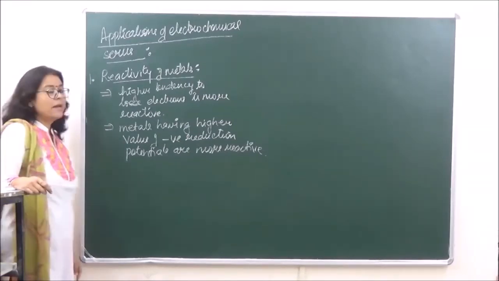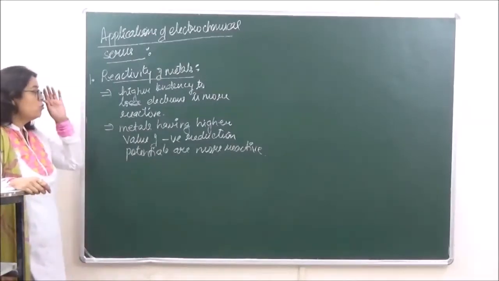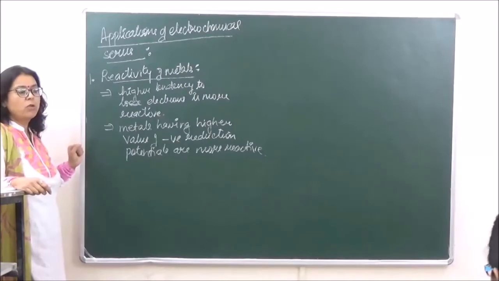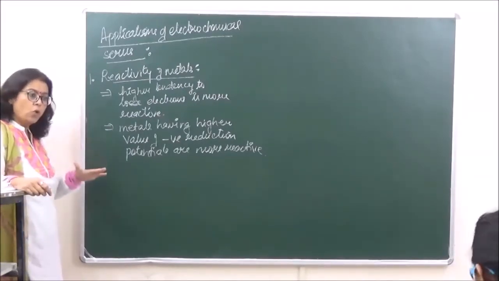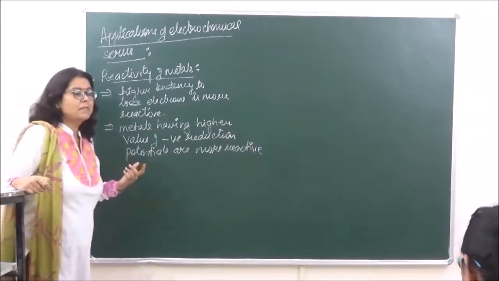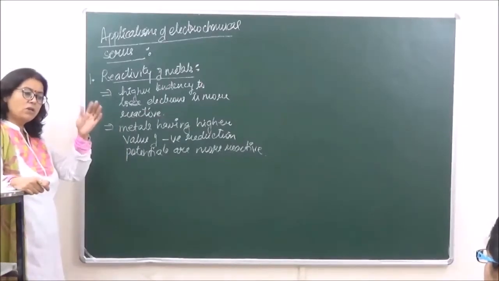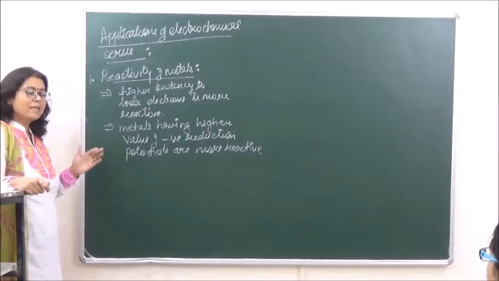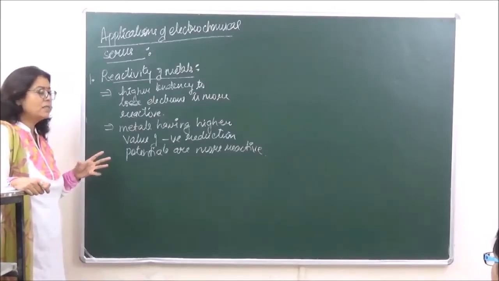Now although lithium has a higher ionization energy, we know that the tendency to lose electrons depends upon what? It is going to depend upon the ionization energy. If the ionization energy is low, the electron can be easily removed. But in case of alkali metals, lithium is the first metal of the group, so its ionization energy should be very, very high, isn't it?